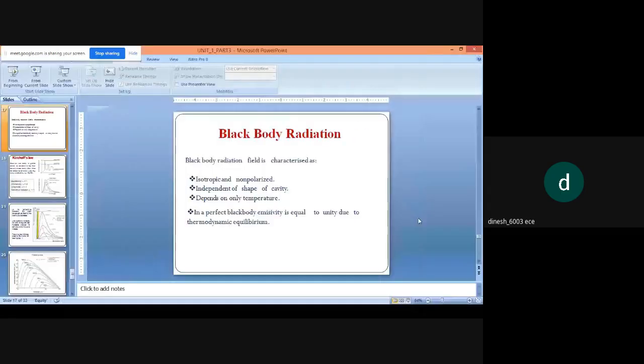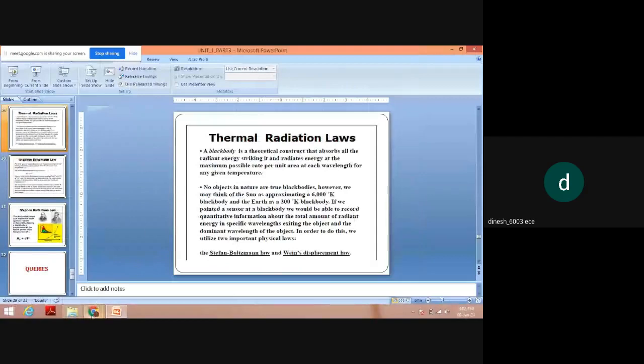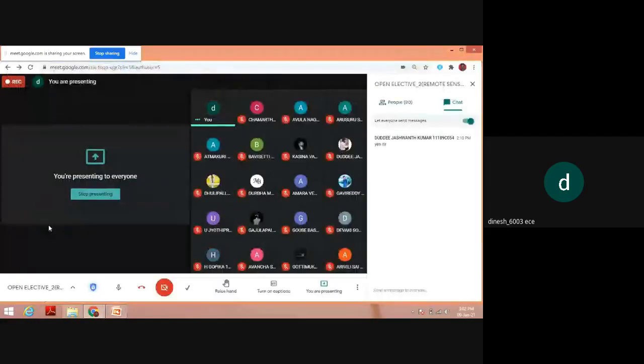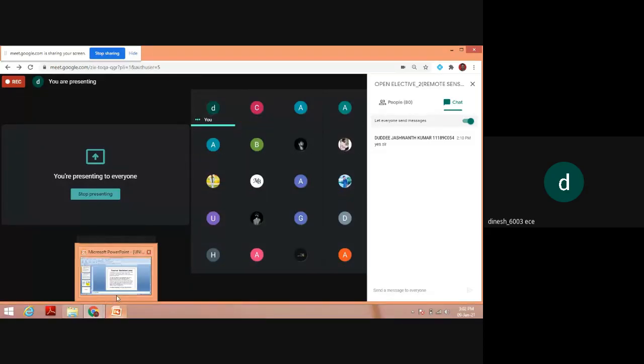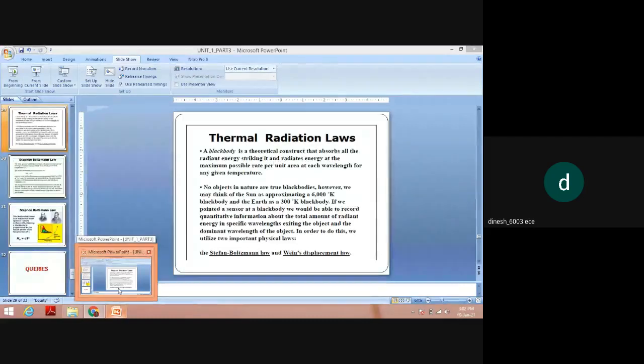Any queries till this? You can type in the chat box. Any queries regarding the thermal radiation laws, or the Stefan-Boltzmann constant, or the laws of radiation?